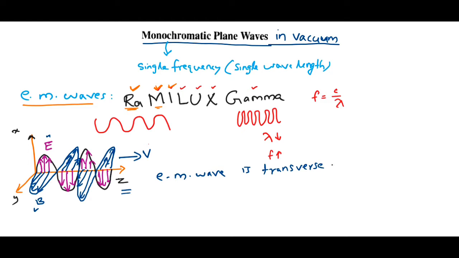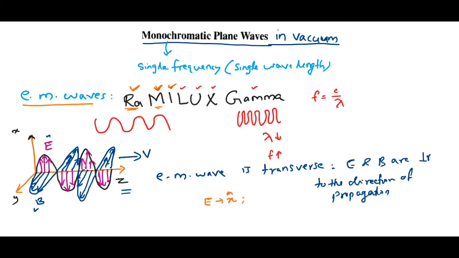That is, E and B are perpendicular to the direction of propagation, because the electric field is along the X direction and magnetic field is along the Y direction, while the direction of propagation is along Z.